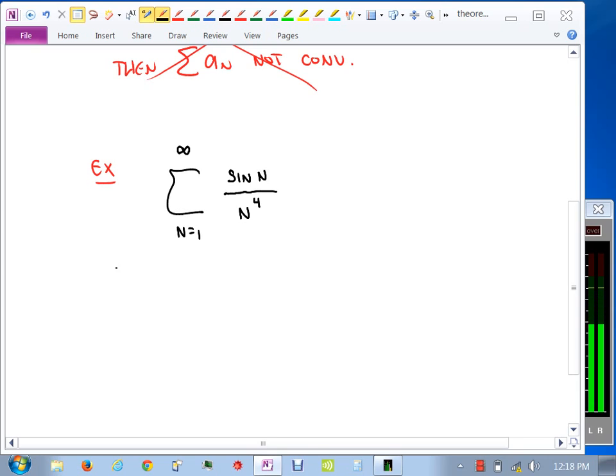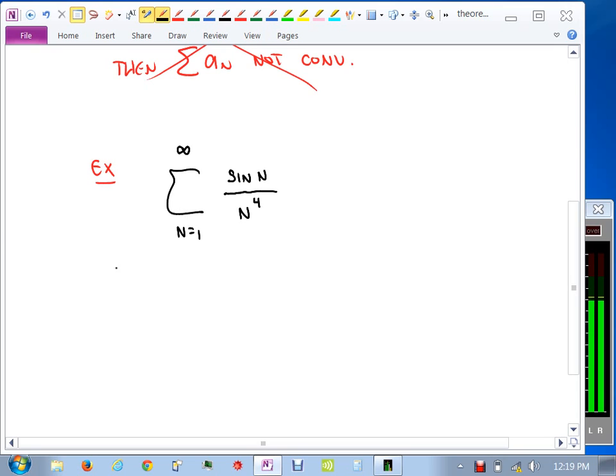See, the sine n in there, when you plug in different values of n, sine of 1, sine of 2, sine of 3, sine of 4, that's going to give you values that are going to just kind of be sporadically on the sine function, right? And therefore, you might have some of them be positive, some negative, some positive, some negative, right? So they're going to be kind of bouncing around, not even oscillating. So it's not even an alternating series in the sense that it's not positive, negative, positive, negative, positive, negative. It may not do that.